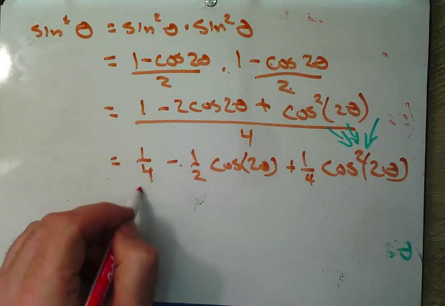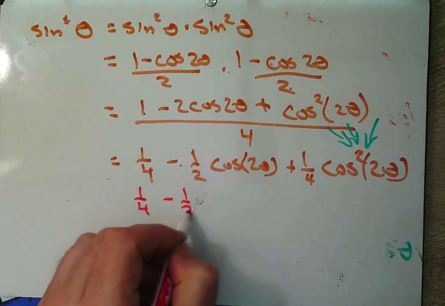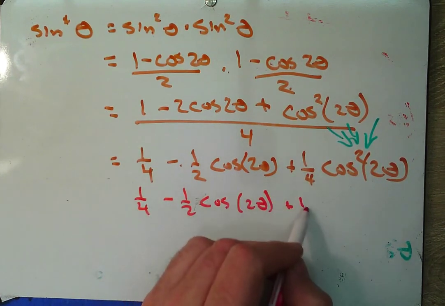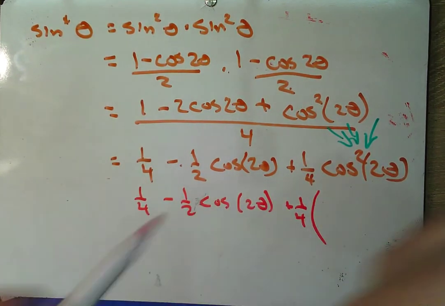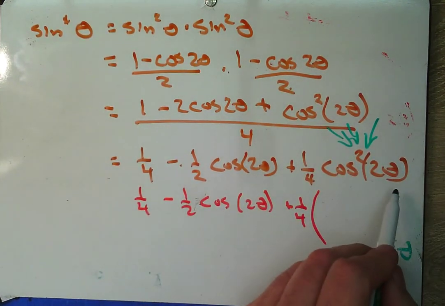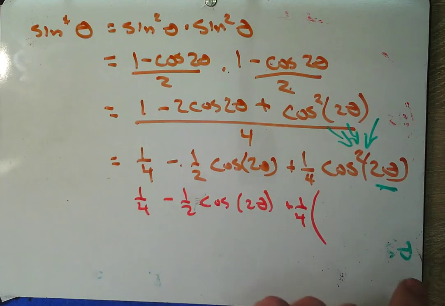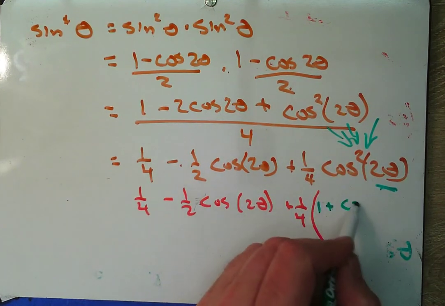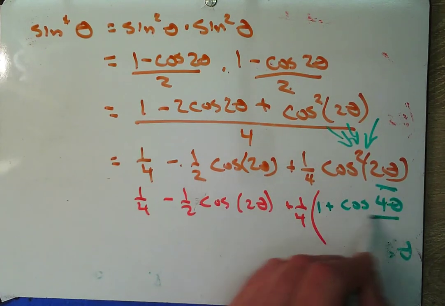I'm going to have 1/4 minus 1/2 cosine 2 theta plus 1/4 times, and now I use my power reducing identity. And remember, whenever I use my power reducing identity, the angle doubles. So I'm going to have 1 plus cosine 4 theta over 2.